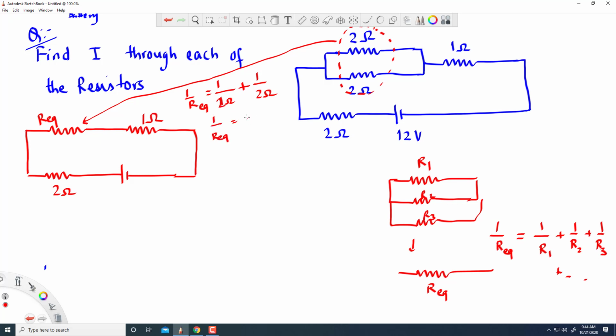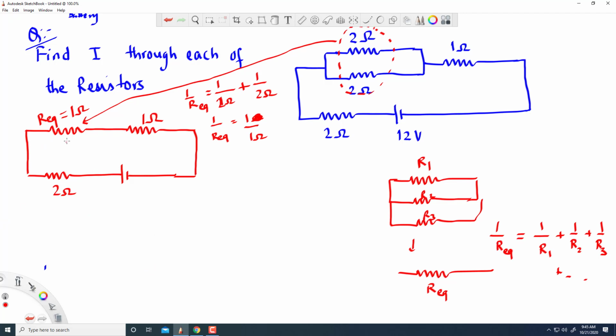If you do the math, you get 1 over ohm, because you are adding half and half, so that is 1. Now, this is just 1 over R equivalent. That is not what we want. We want R equivalent, so we need to take the reciprocal of this. The reciprocal of 1 is 1 ohm. So R equivalent is 1 ohm.